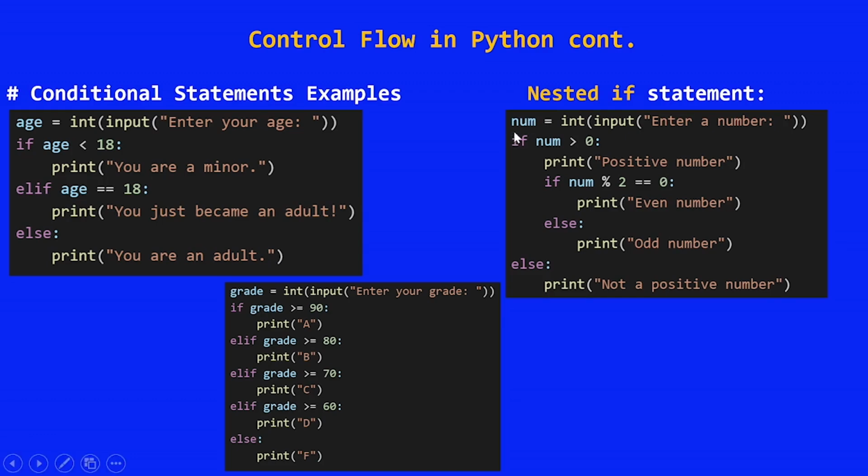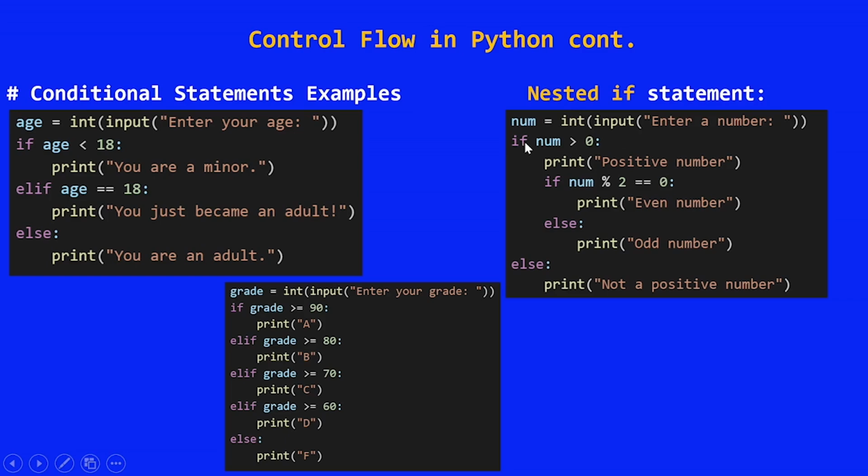Num for number, because it's good to use descriptive words while naming your variables. So num is equal to int input, enter a number. Remember this int, we are converting the string input to an integer.